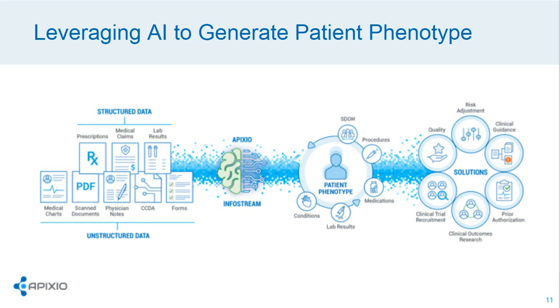And of course, critical importance is the application of analytics. And what you're hearing from us today is artificial intelligence to really help synthesize all that information to create key characteristics. We'll call them signals, insights, that populate the patient's phenotype profile that then can be leveraged individually or in aggregate to promote action and to drive value-based care initiatives, like you see on the right-hand side of your screen.